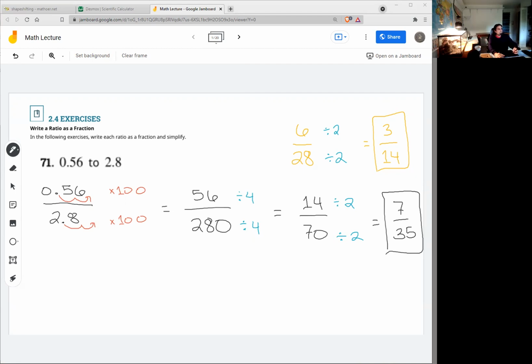I only messed up because I didn't keep going. So get rid of my box. Divided by 7, top and bottom, and then I get the 1/5. Okay, ta-da.